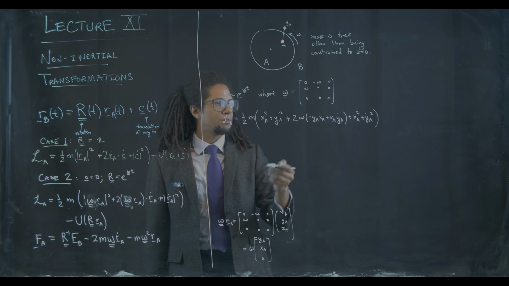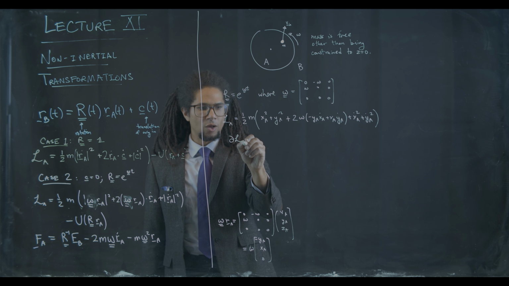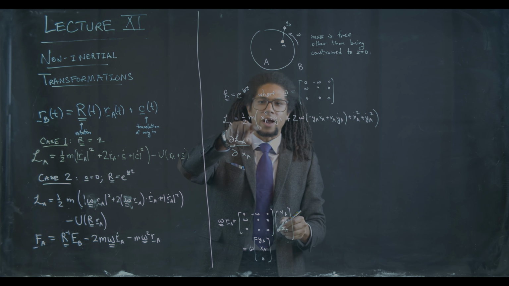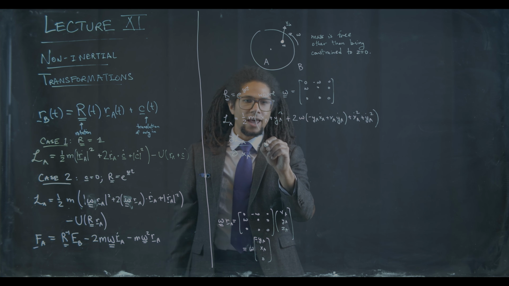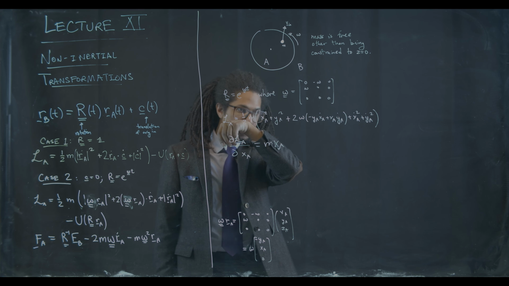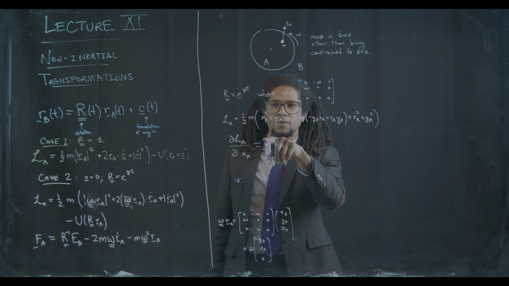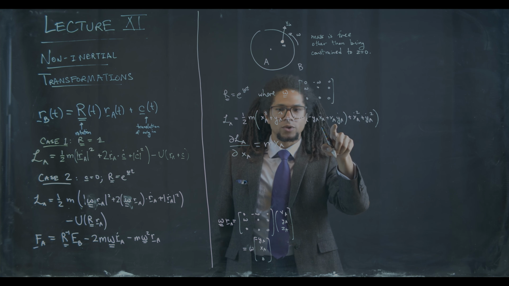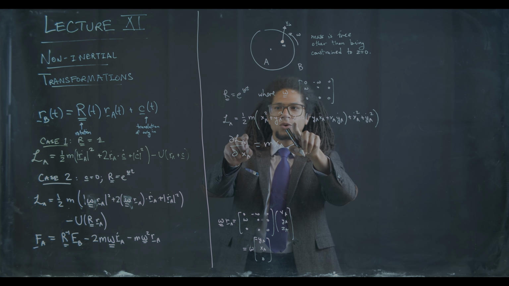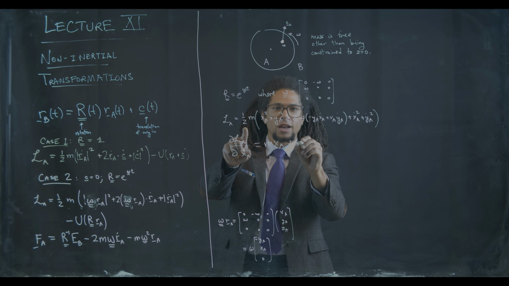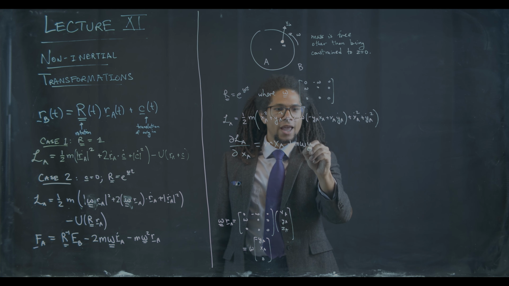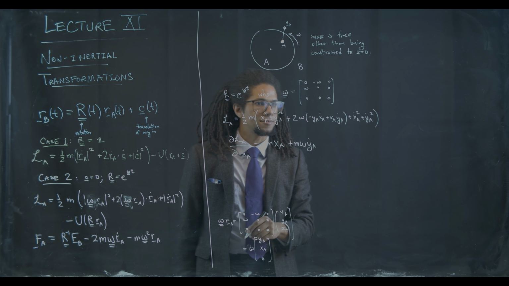Okay, so now we're basically in the realm of stuff that we're very familiar with, just finding the Euler-Lagrange equations. Okay, so I get a couple of terms here. First, I get m times X_A dot. That's from this. Now, I get another one from here, which is pretty interesting. So notice that this 2 and that 2 cancel. So I'm going to get an m omega just to start. Then I get a plus Y_A, or I get a times Y_A dot. Great.